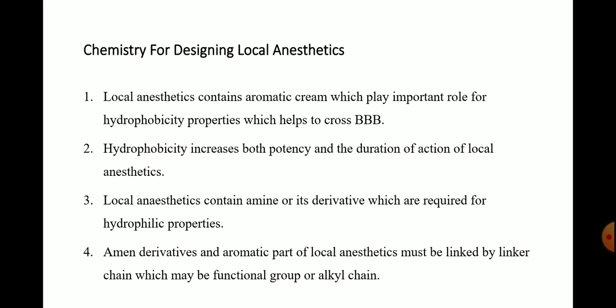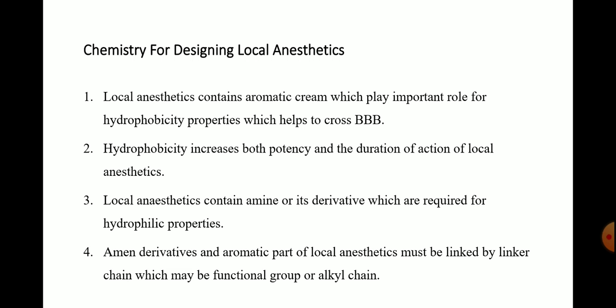The chemistry for designing the local anesthetic. Local anesthetics contain an aromatic ring, which plays an important role in hydrophobicity, which helps to cross the blood-brain barrier. Hydrophobicity increases both the potency and the duration of action of local anesthesia.